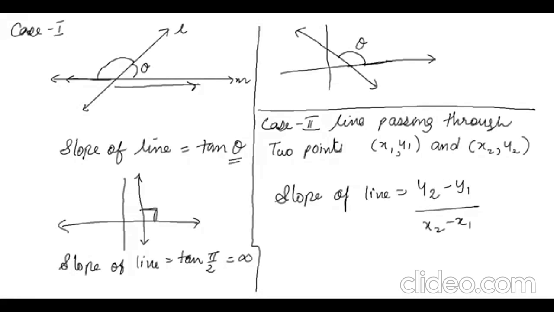Right. This is the slope of a line in the case when two passing points are given.